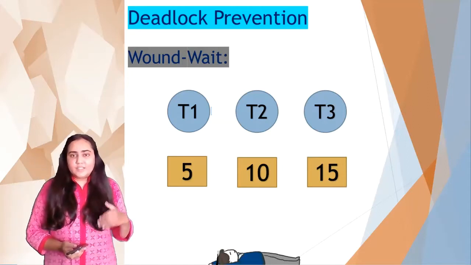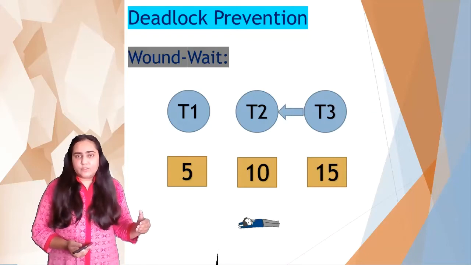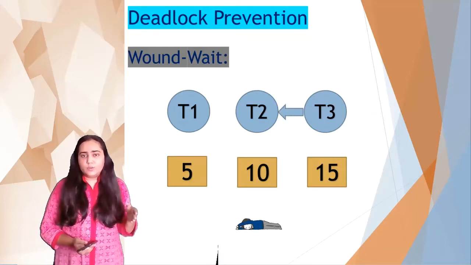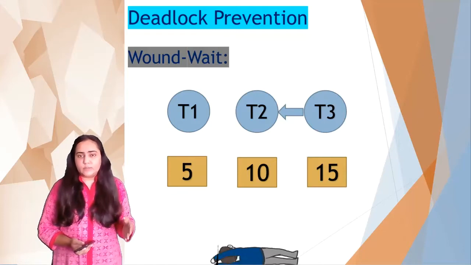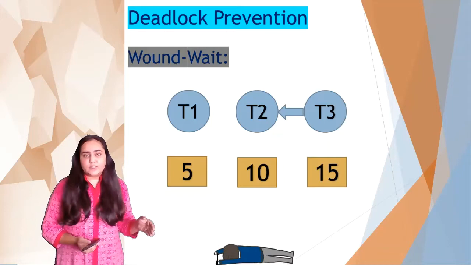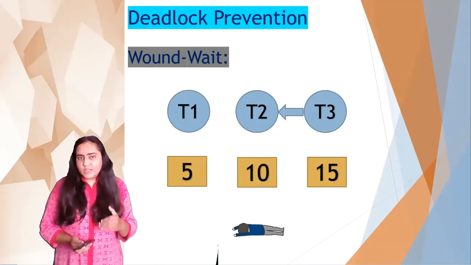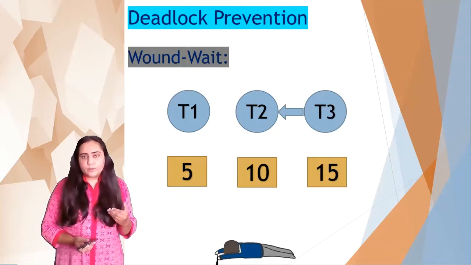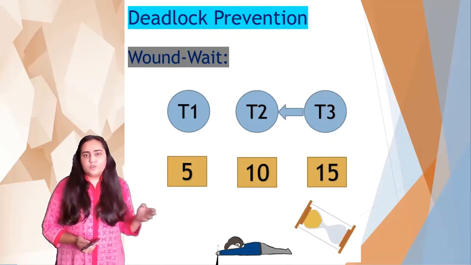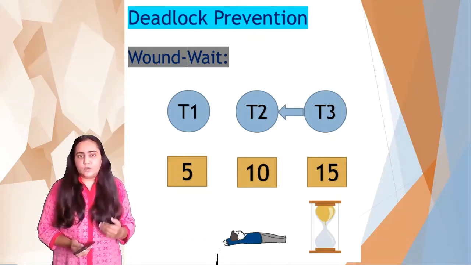Now consider that T3 wants a data item from T2. In this case, T3's timestamp is 15, T2's timestamp is 10. So 15 is greater than 10. So the wait part will happen, which means T3 will wait for T2 to finish, and then it will take the data item and do its own task.